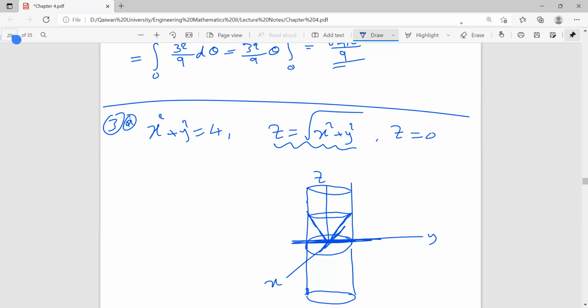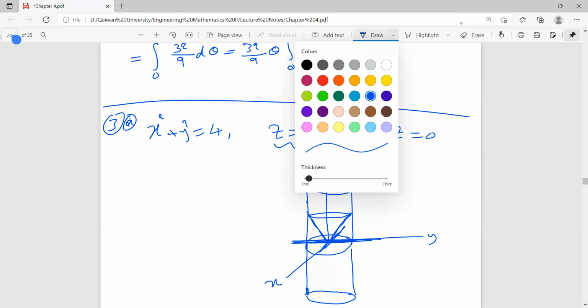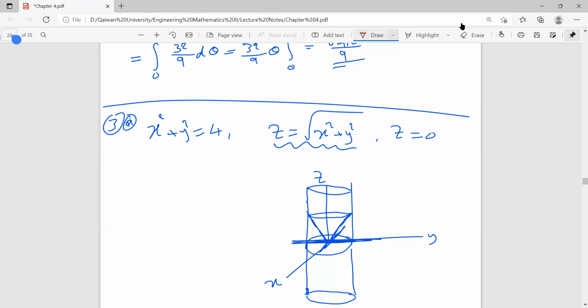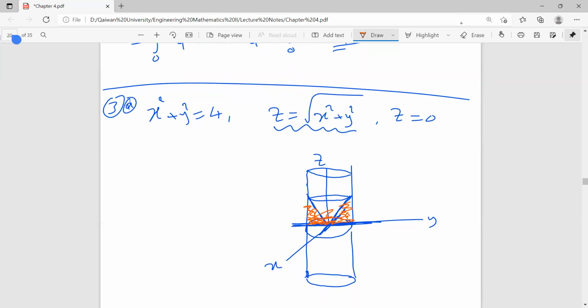That means here we should find these two areas. The region is bounded by the cylinder, the cone, and z equals 0. It is here. This is the region, the solid, whose volume we should find.